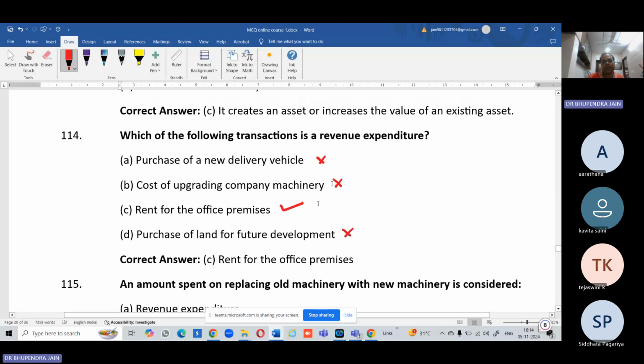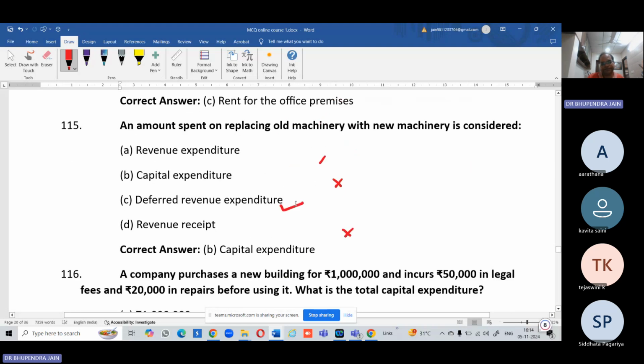Now today's last question. Now we will discuss in the next class. We will discuss around 200 questions, okay? Up to the last topic which I covered, I think rectification of mistakes.